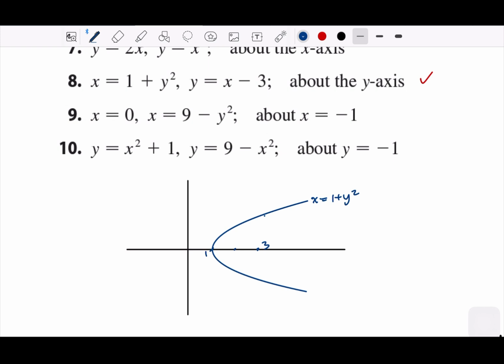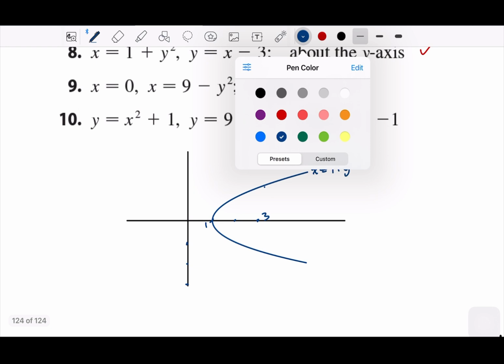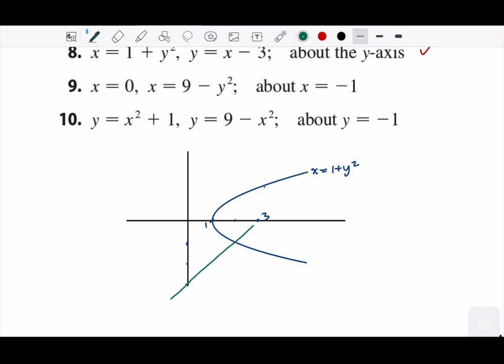And then the line: this line is y equal x minus 3, or x equal y plus 3. Okay, now we have two intersections, this and this.